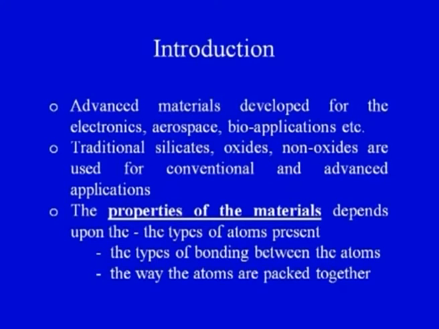The second is the types of bonding between the atoms, and third, the way the atoms are packed together. These points would dictate the properties of a particular material, and those properties would further be used for the processing of that material.